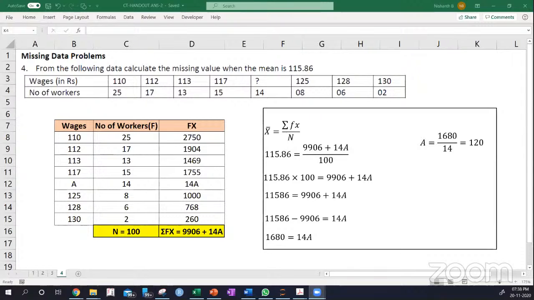Okay. No, sorry, Sridhar. How do we get 115.86? That is given in the question. See the statement: from the following data, calculate the missing value when the mean is 115.86. It's already given.